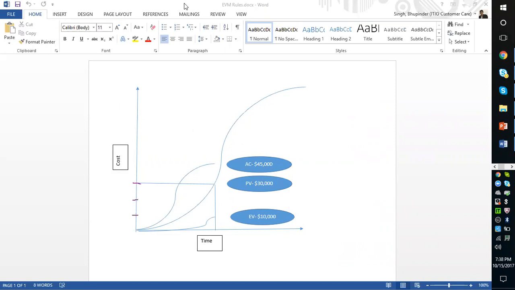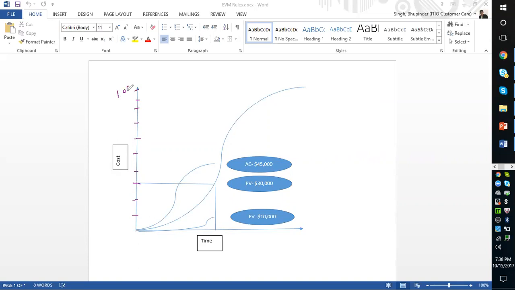So in this diagram that I have prepared, on the left-hand side I have mentioned cost, and on the right-hand side, in the y-axis, we have mentioned time. So let's say this is 10, 20, 30, 40, 50, 60, 70, 80, 90, and 100.